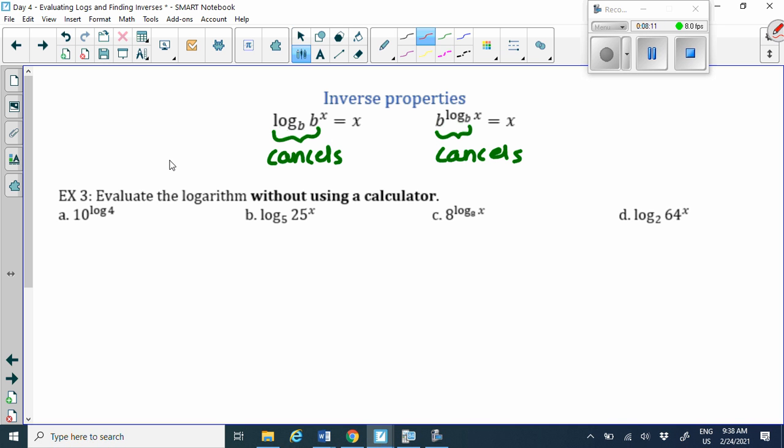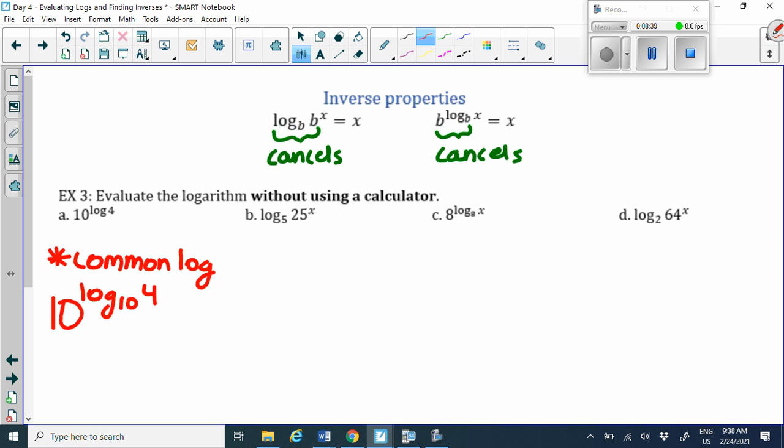For the first one, we have 10 to the log of 4. You might be wondering, that log doesn't have a base to it, right? But remember, when you don't see that, it is a common log. So the base is 10. If I rewrite this, I have log base 10 of 4.